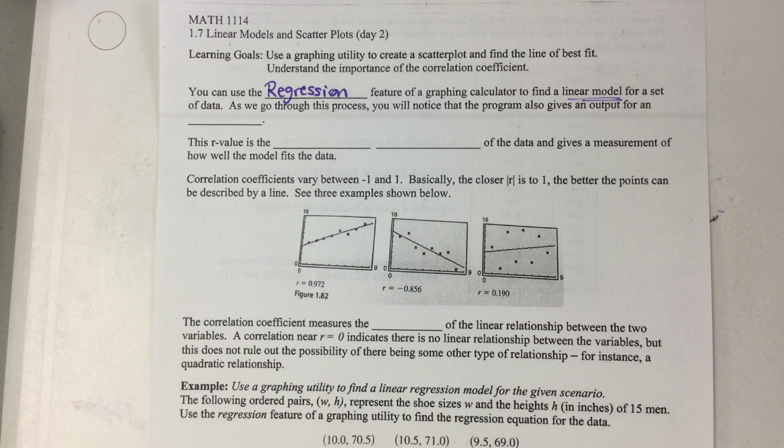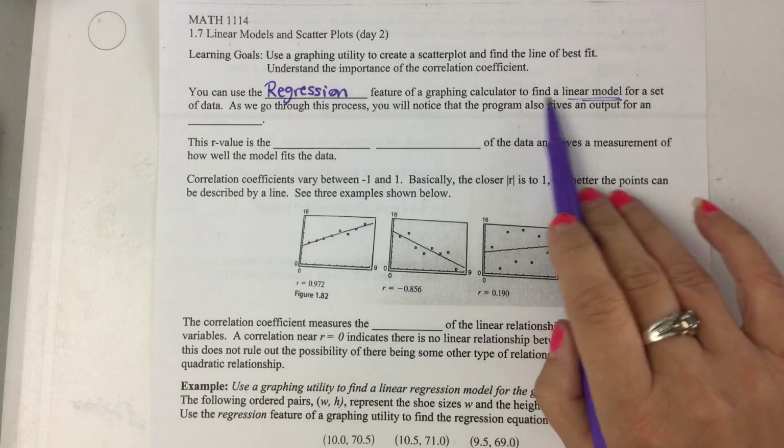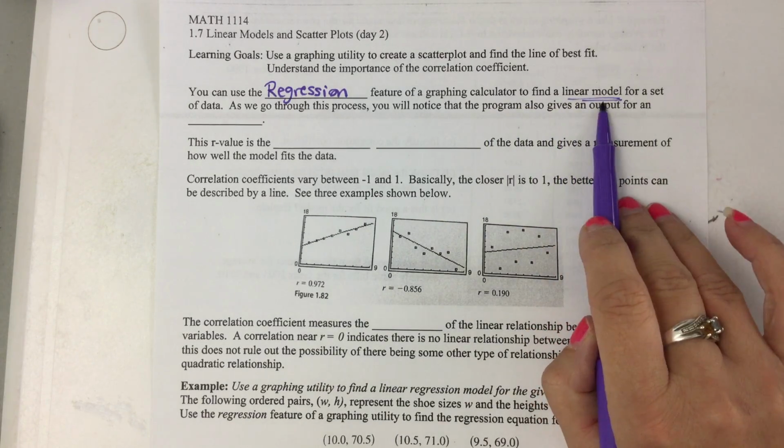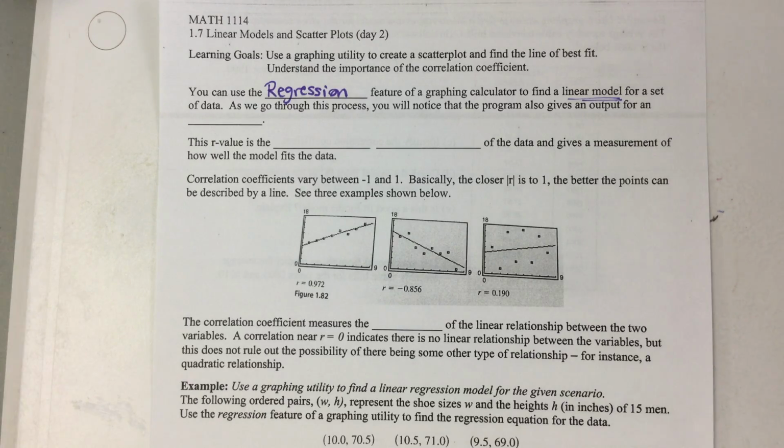You looked and drew a line where you felt it fit the data, with the goal of having the same amount of points on either side of the line. Then you picked 2 points from your line and you found the equation, okay? There is something called a line of best fit, and your calculator can actually give us the equation for that. It would be the best line that would fit through that data, okay?